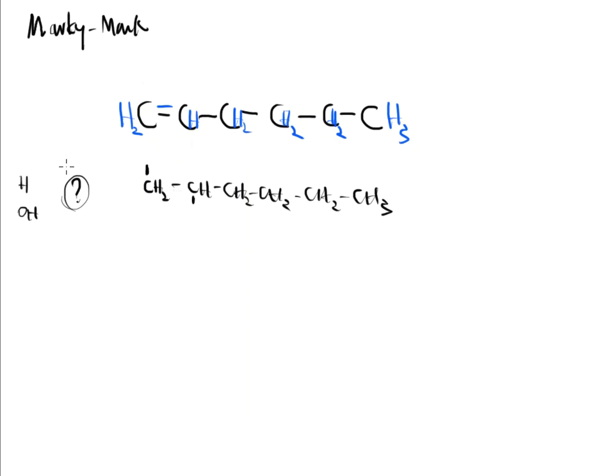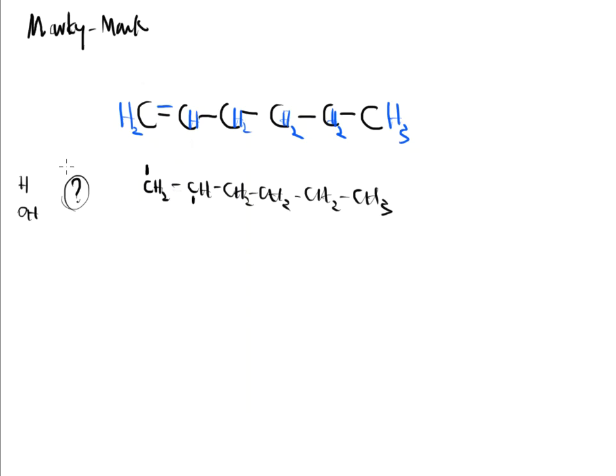That's always the question. Which one is the major product? Which one is the preferred product? Because that's the one that I want to write down. It's all about predictions here. So I've got to figure out which carbon the H goes on and which carbon the OH goes on.